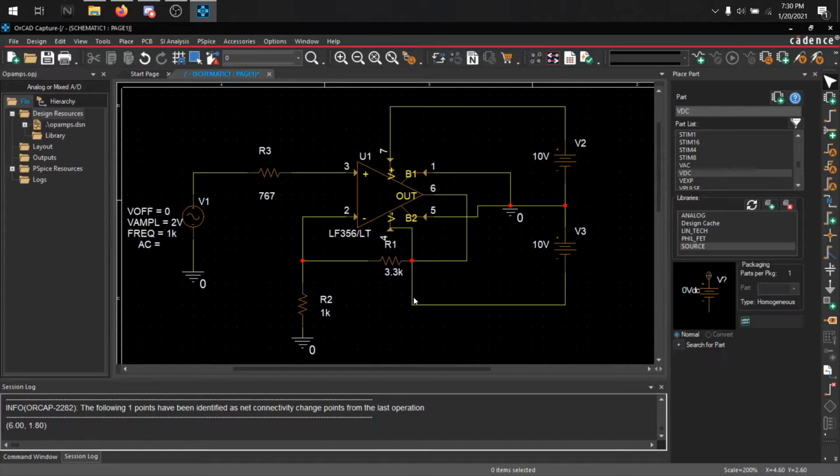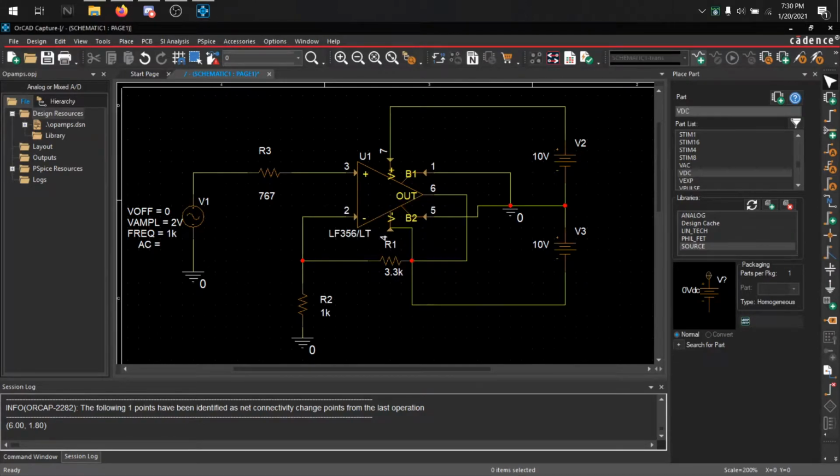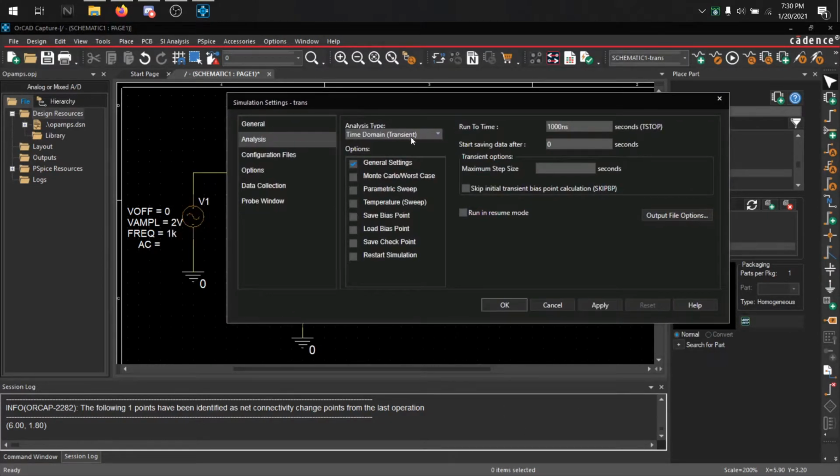Anybody? I'm just looking at the circuit, and I don't remember. Don't remember the equation for gain? No.